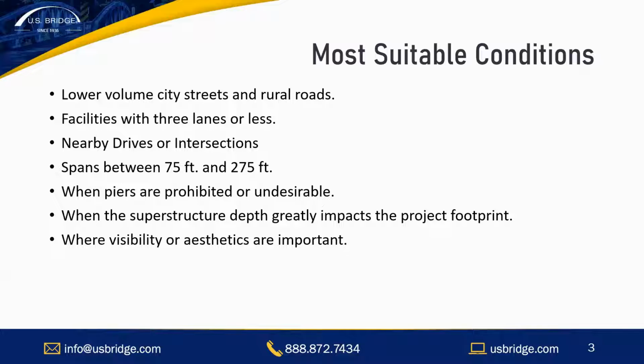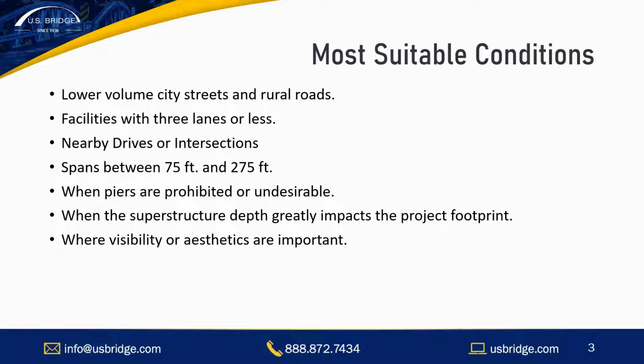So jumping right into it, I want to show what generally are the most suitable conditions for truss bridges. We see site conditions that have lower traffic volumes for city streets and rural roads.